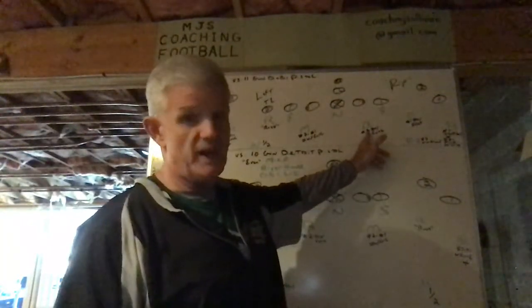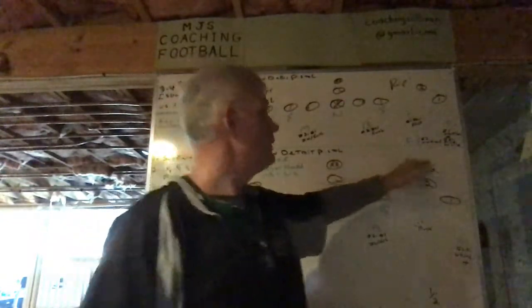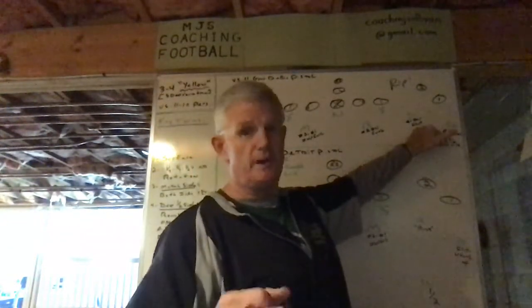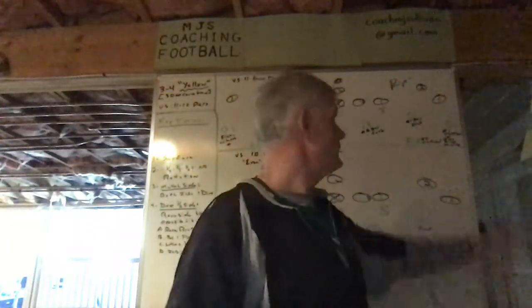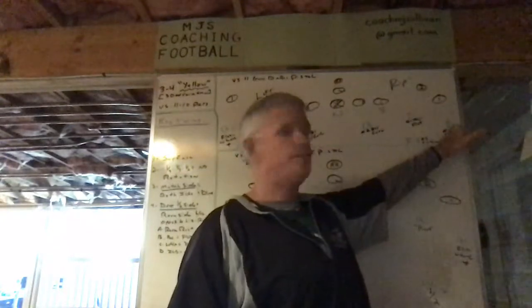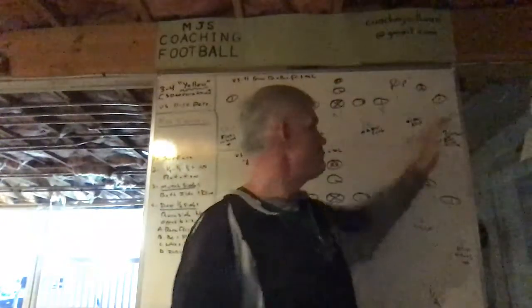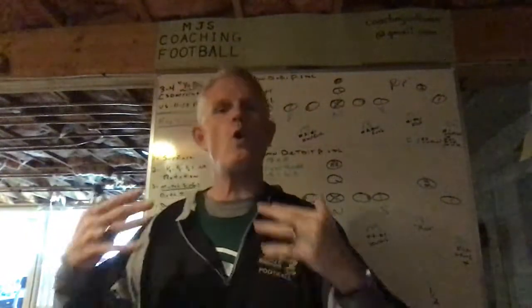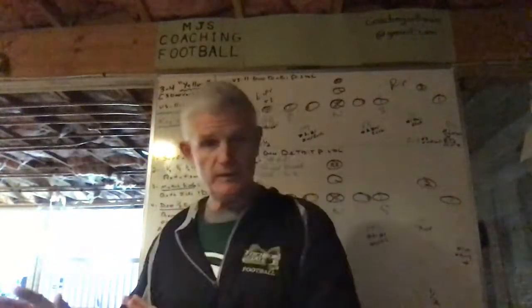He takes number 2 in on the side of the Liz and Rip. If 2 doesn't come into him, curl. He takes number 1 coming in, again, under 10. If he doesn't come in, he buzzes the flat. The field corner takes 1 vertically. The free safety takes 2 vertically, and both of them have the or find work. So if 2's not vertical, the free safety finds work.